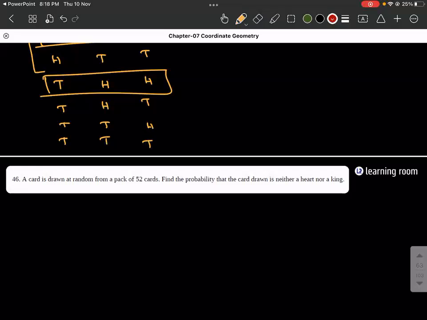Something else. 16 by 52. Yeah, sir, won't it be 16 by 52? No, no, no. See, 13 is there in the denominator, 4 is not there in the numerator. By 13. So, how much?